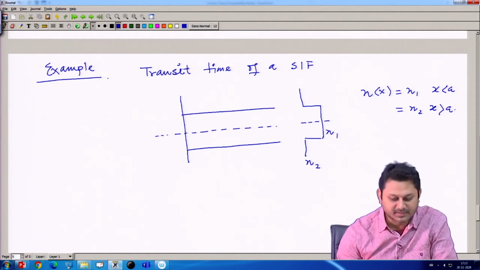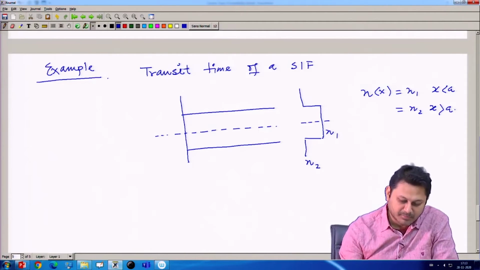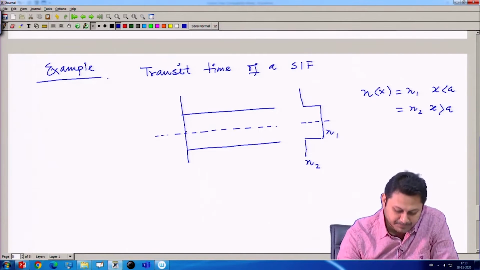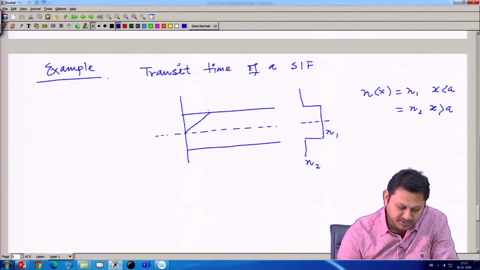Since the values of N1 and N2 are constant, my calculation will be much simpler, and let me calculate that.